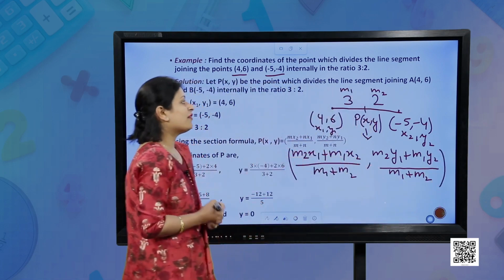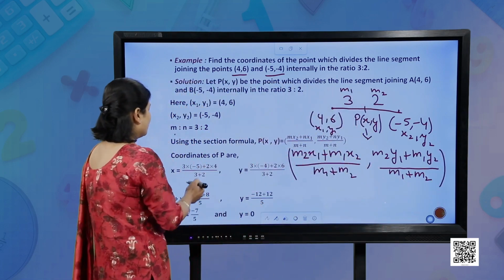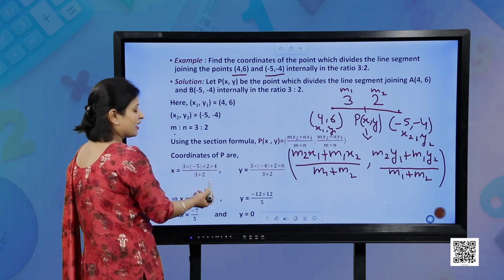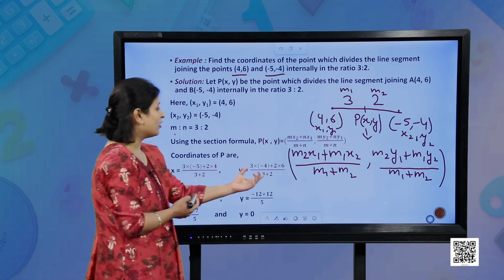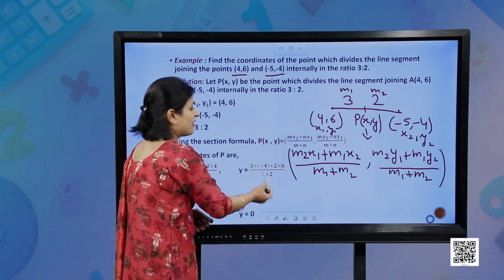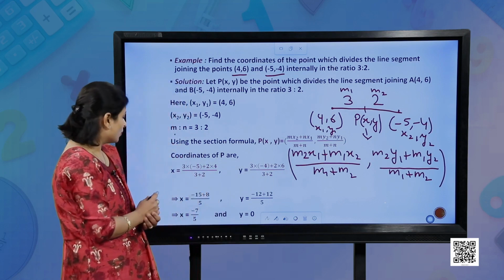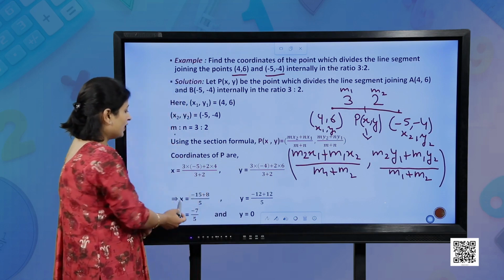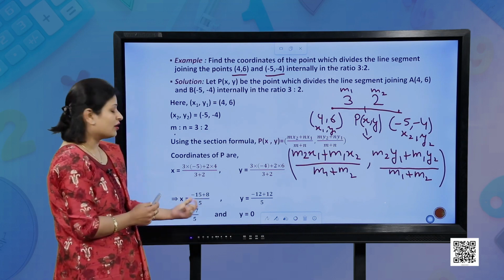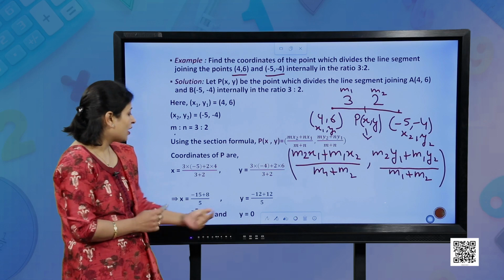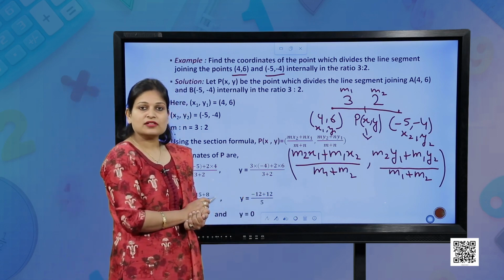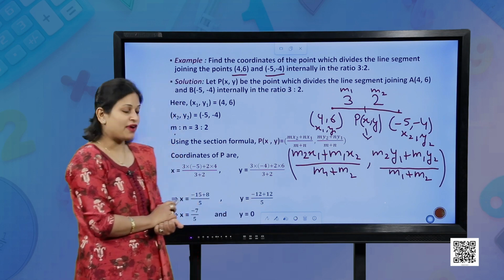Now, simply substitute the values. What will you get? (3 into -5 + 2 into 4) divided by (3 + 2), and for y (3 into -4 + 2 into 6) divided by (3 + 2). After solving, you will get -15 + 8 in the numerator, and in the denominator you will get 5, and for y in the numerator you will get -12 + 12, and in the denominator 5.